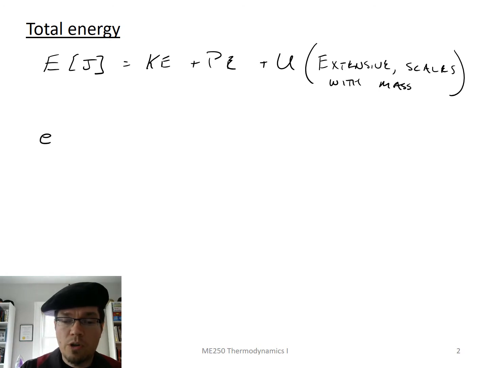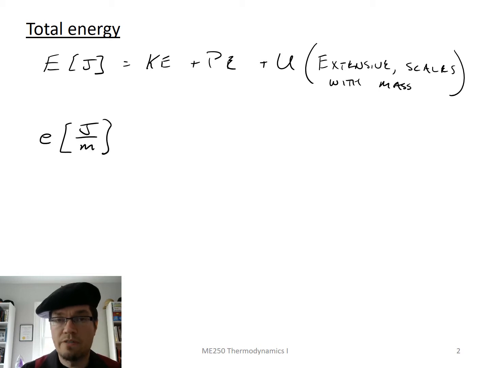What we often work with, therefore, is lowercase e, which is an intensive property, which just means that we're dividing everything through by a unit mass. So an intensive property is lowercase e, and if we multiplied that by mass, we would get back the uppercase E. And so our kinetic energy is mv squared by 2.